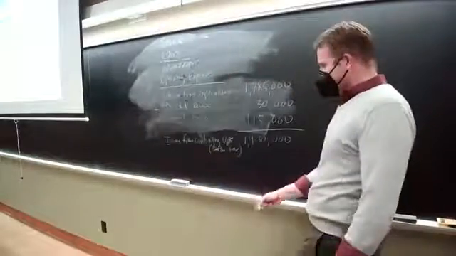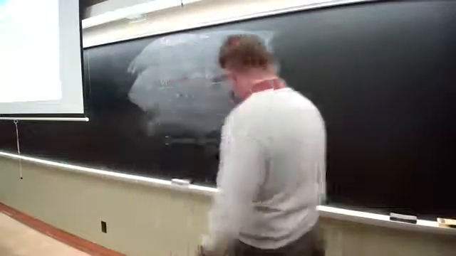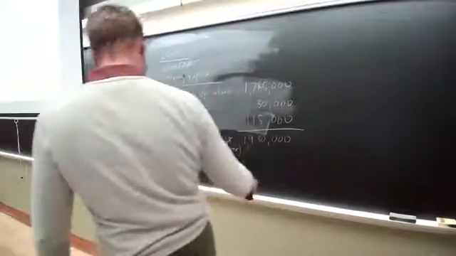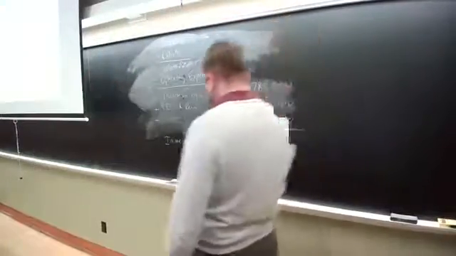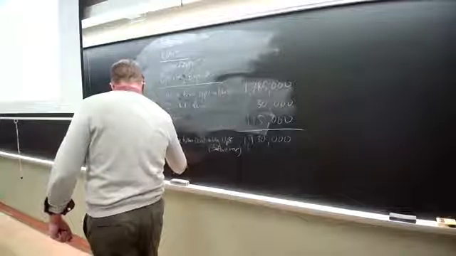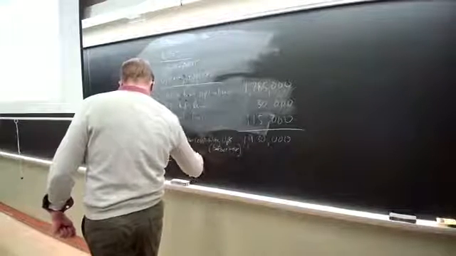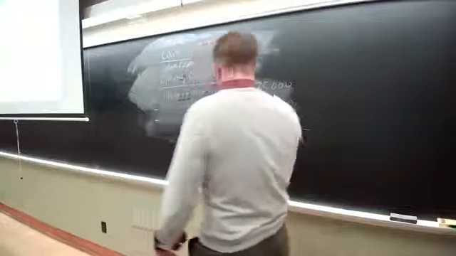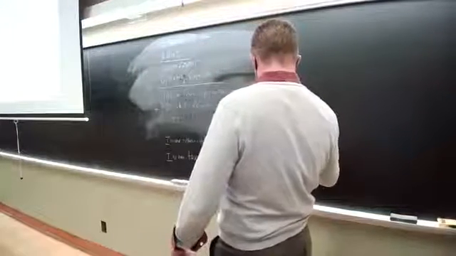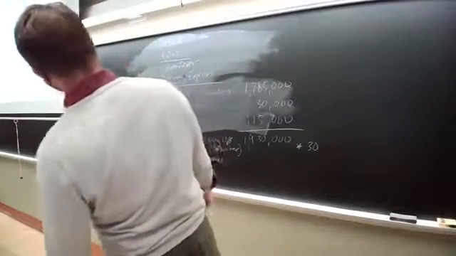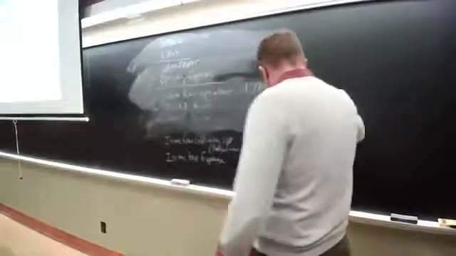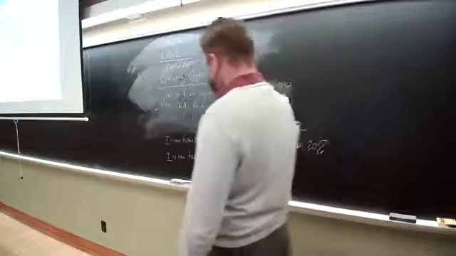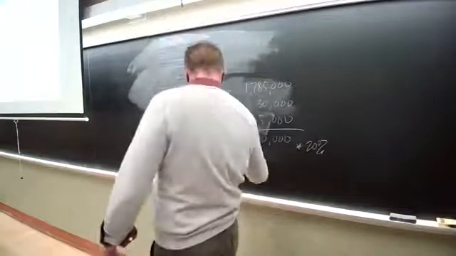So pre-tax, before tax, income from continuing operations before taxes, 1,930,000. So income tax would be this amount times 30%. Right? Did they say 30? 20%. It's 386.